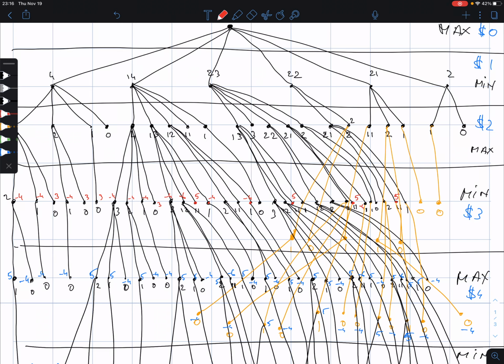I hope that is a 1, right? Yes. This is also a 1. This is also -4. And this is also a -4. This is -4. This is -4. And this is -4. Okay, what else do I have to do? The 2's. Do we have calculated 2? Yeah, that's -4.